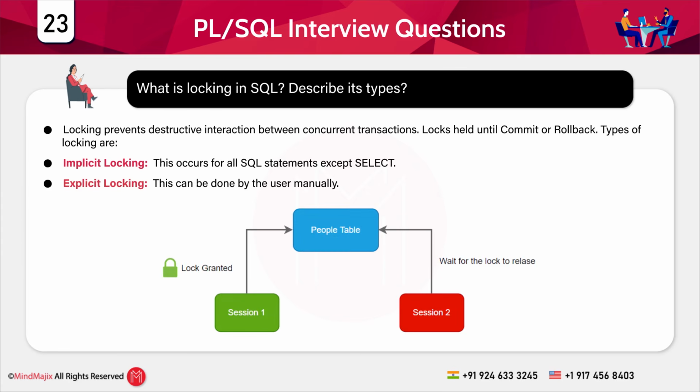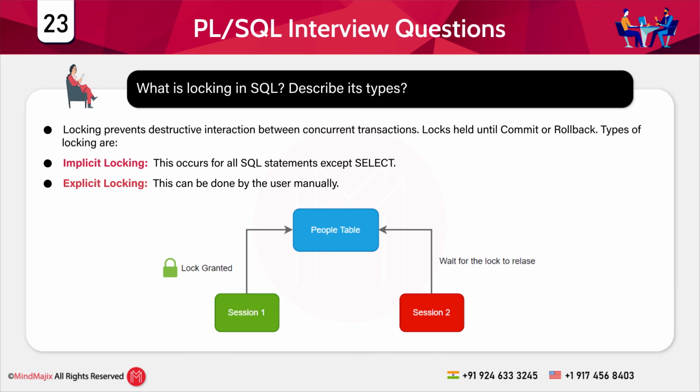The next question is, what is locking in SQL and describe its types? Locking prevents destructive interaction between concurrent transactions. Locks are held until you execute a commit or rollback statement. If you talk about types of locks, here you have implicit locking and explicit locking. Implicit locking occurs for all SQL statements except the select statement.